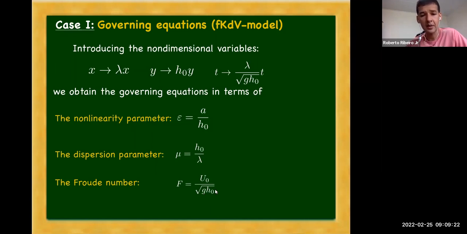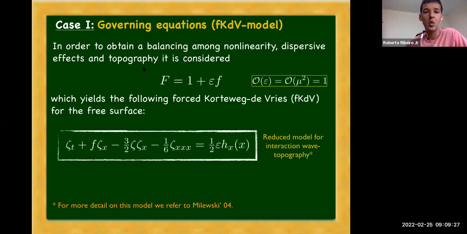Besides this non-dimensionalization, we also assume that the Froude number is given as shown here. We consider that the Froude number is just a perturbation of the Froude number 1. By doing that, we try to establish some kind of balance among nonlinearity, dispersive effects, and topography effects.